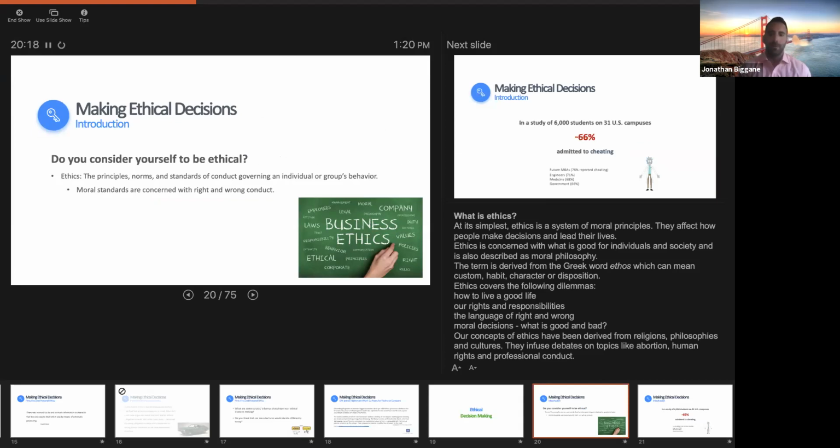Essentially, morals are just right or wrong. What do we believe is right or wrong? Ethics in general covers how to live a good life, our rights and responsibilities every day, the language of right and wrong. How do we define what's right in our book, what's good and bad?